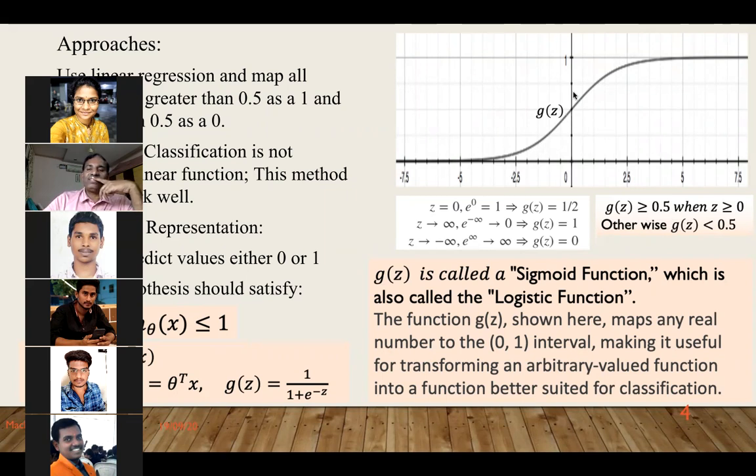So here you see the graph, which has an interesting property. The steepness becomes very high after 2.5 and minus 2.5. Beyond minus 2.5 and beyond 2.5 there is little slope. When z is more than 0, it almost becomes 1, very steep at first, and afterwards the slope becomes slower.